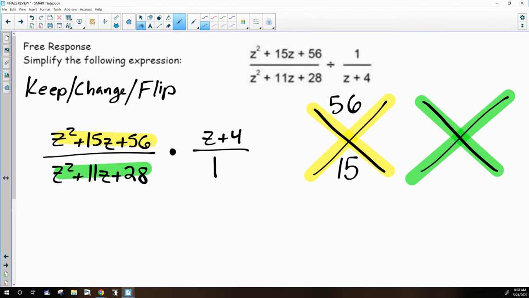Now is the hard part. What 2 numbers multiply to 56 but add up to 15?